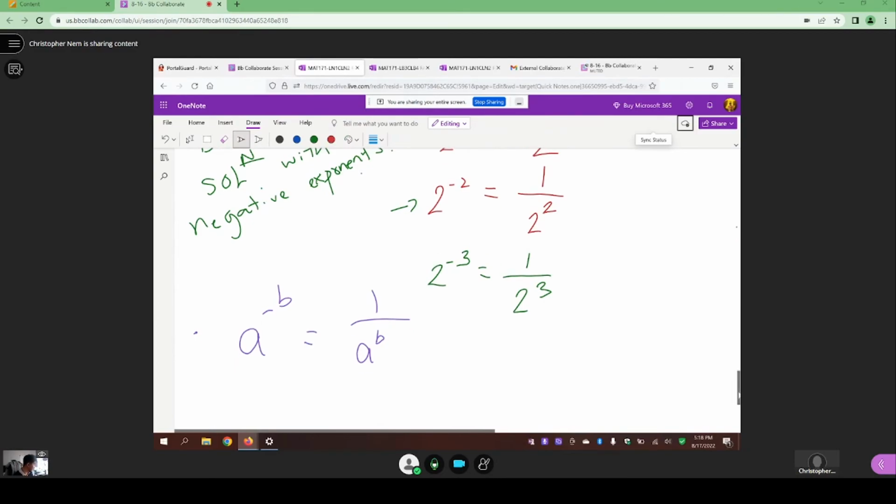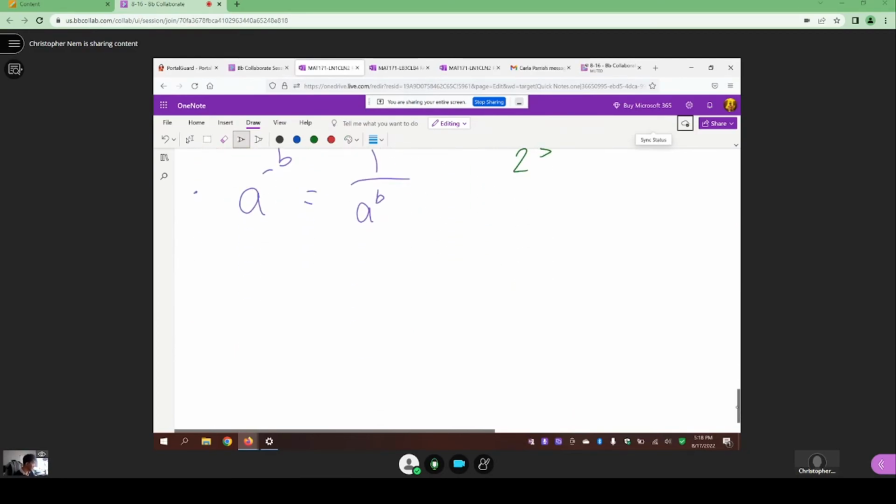Why? Hear me out, what happens if I have 6a to the negative b? Oh, now I have something multiplying that. Where does the 6 go? You might think it goes with the a. Could it be on top? Could it be sideways?